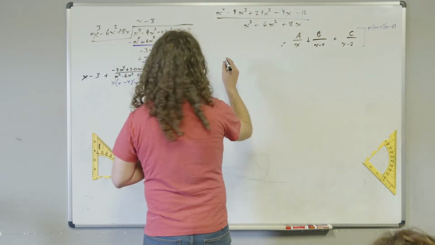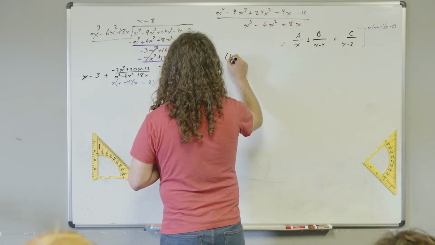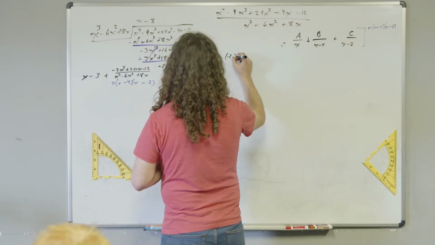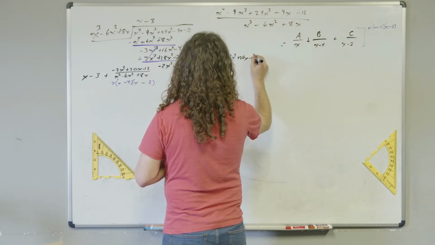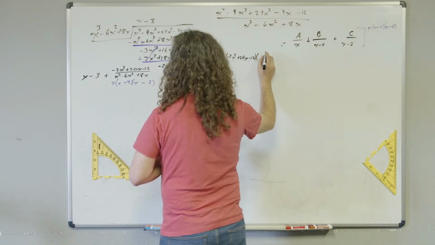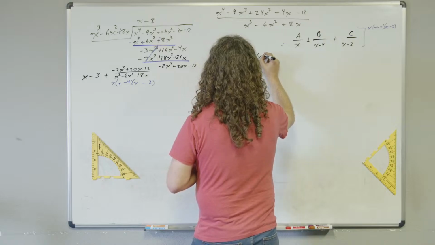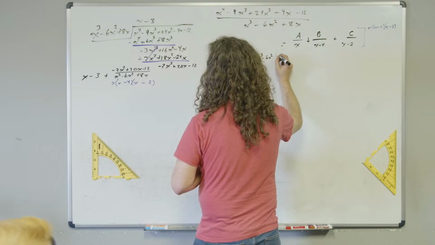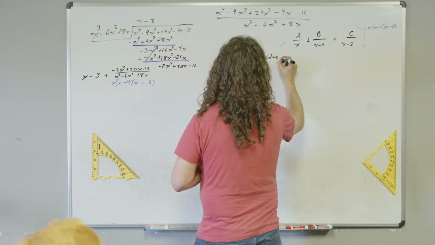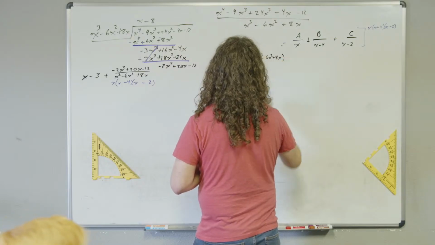And ultimately do negative 2x squared plus 20x minus 12 times x cubed minus 6x squared plus 8x, right?